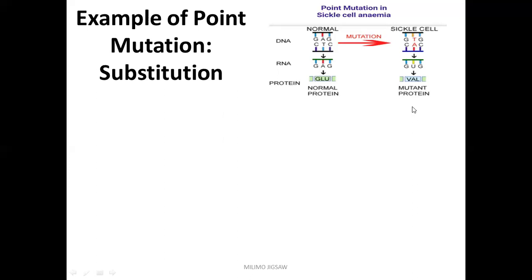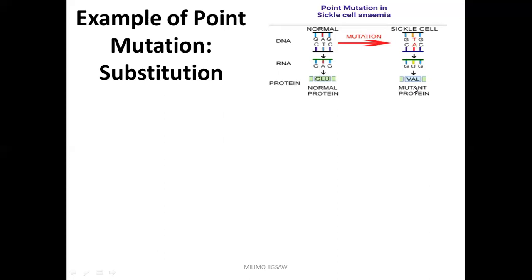Now, this glutamic acid is a polar amino acid. If you can recall from our lesson on amino acids, it's a polar amino acid. Whilst valine is a non-polar amino acid. Now, we did mention that hemoglobin contains 4 chains, 2 alpha chains and 2 beta chains.